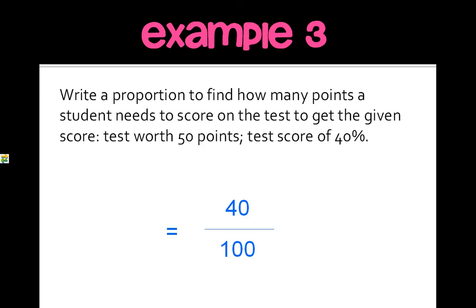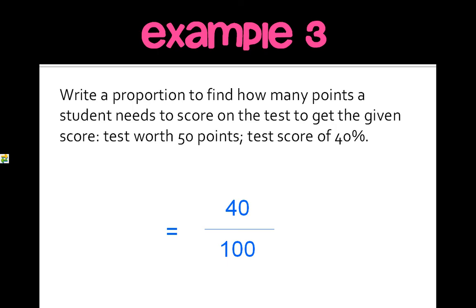Well, we're wanting to set up a proportion, and this is a percent proportion. And what we are going to learn in the future, and what I will tell you now, is that in a fraction, you should already know, the top is the part and the bottom is the whole. So if you're looking at this 50, the test is worth 50 points. That is what the whole test is worth.